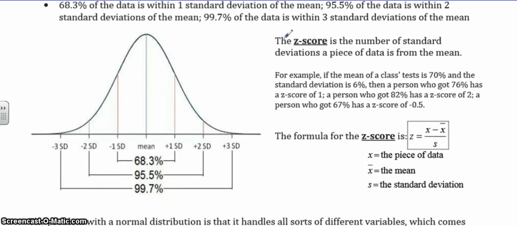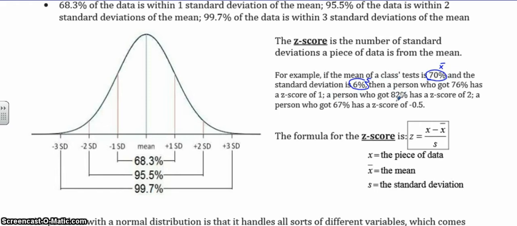Something new is what is called the z-score. The z-score is the number of standard deviations a piece of data is from the mean. For example, if the mean is 70 and the standard deviation is 6, then if you got 76, well that's 70 plus 6, so you've added 6 once, so the z-score is 1.